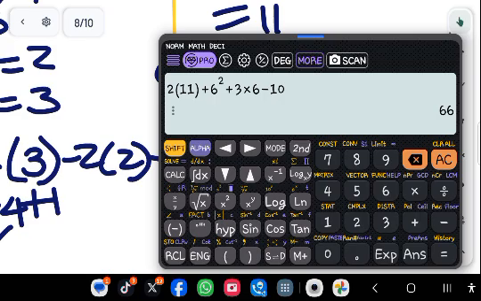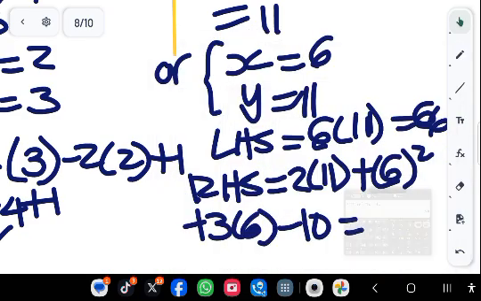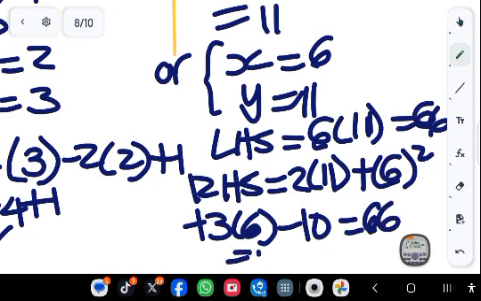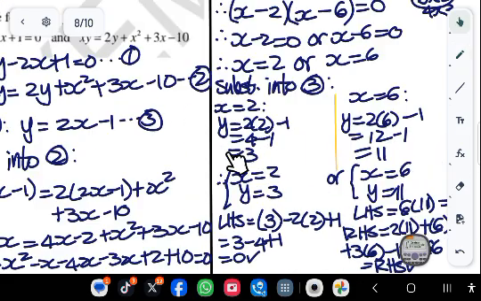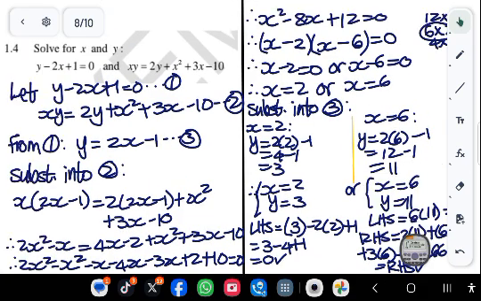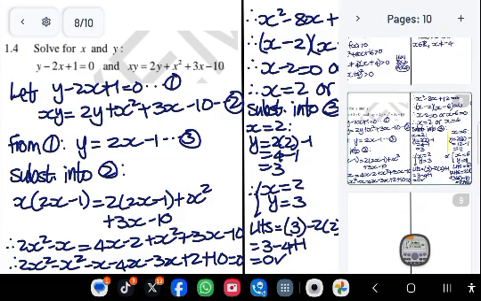And that gives us 66, which equals the right hand side, so that checks out. Therefore, x equals 2 and y equals 3, or x equals 6 and y equals 11, is the solution. Next.